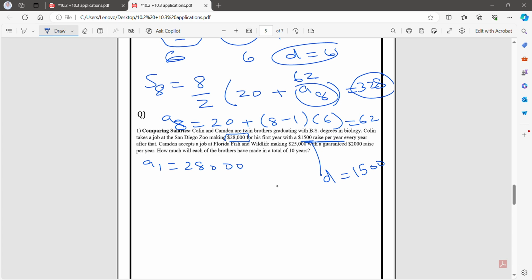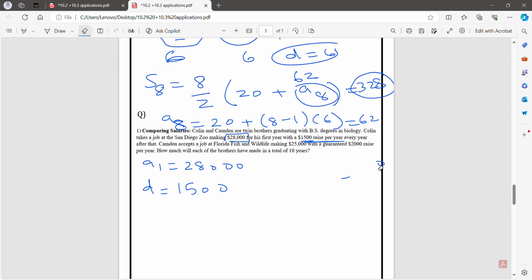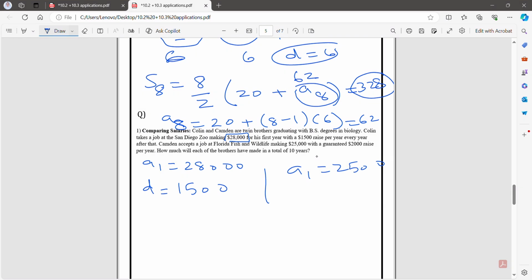Okay, now what else are they giving you? There is another brother, because there are two brothers. The first brother started the job with 28,000 and the raise is 1500, so here D is 1500. Now what about the second brother? He started the job with 25,000, so A1 is 25,000, and the raise is 2,000, so here D is equal to 2,000, right?